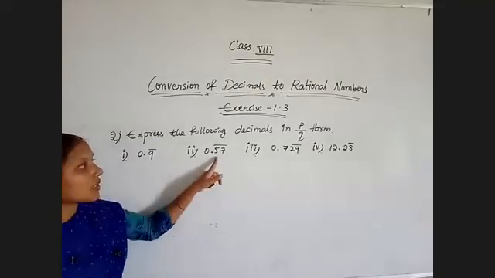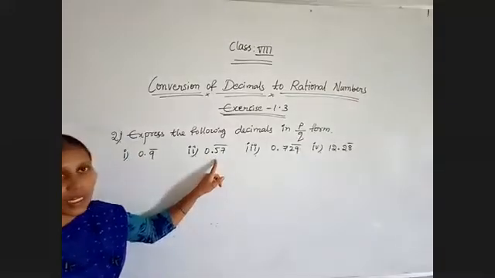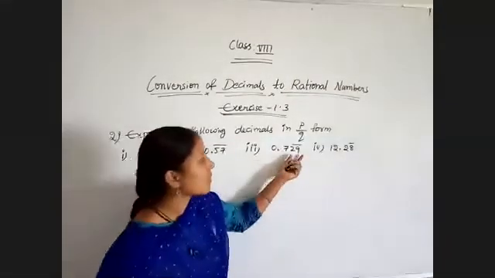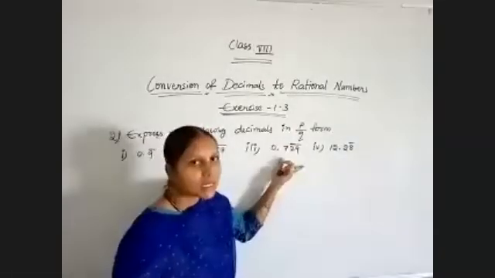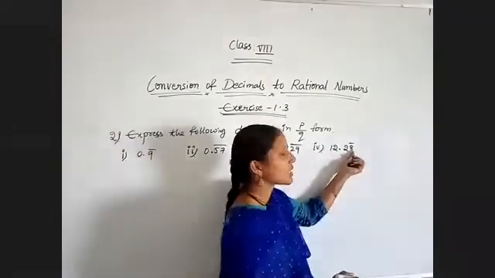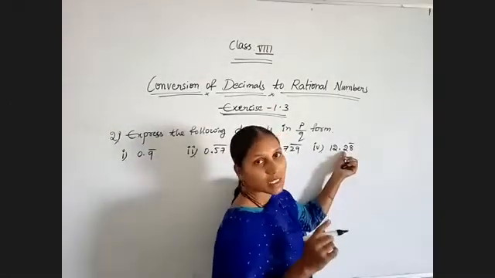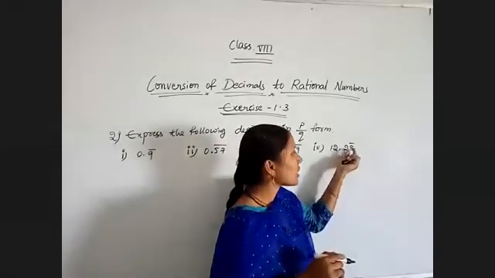Coming to this one also, the decimal digits are repeated, so it is also a pure recurring decimal. But here only 2 and 9 are repeating. 7 is not repeated. So it is a mixed recurring decimal. And coming to this side, here also only 8 is repeated. 2 is not repeating. So the repeating digit is only 8, and not the other digits.